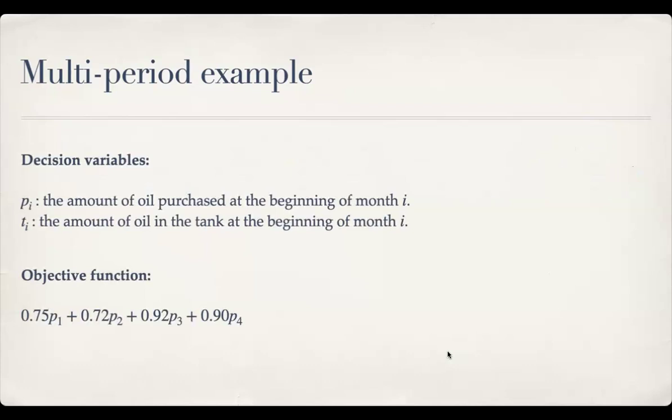Our decision variables are P1, P2, P3, P4, which is the amount of oil purchased at the beginning of each month. As I previously mentioned, in the case of a multi-period optimization problem, we need special variables to handle the amount of oil in the storage tank.